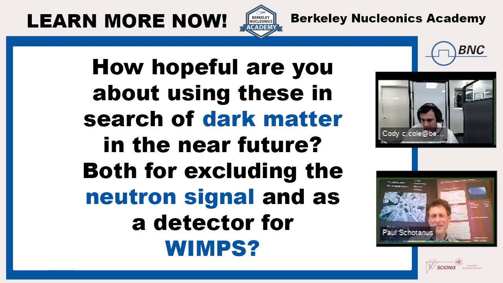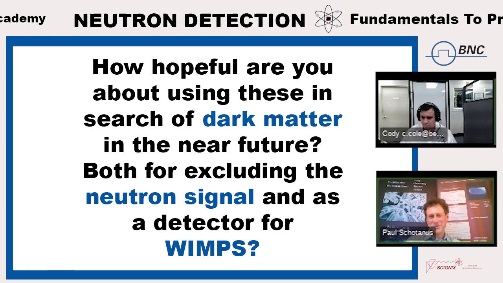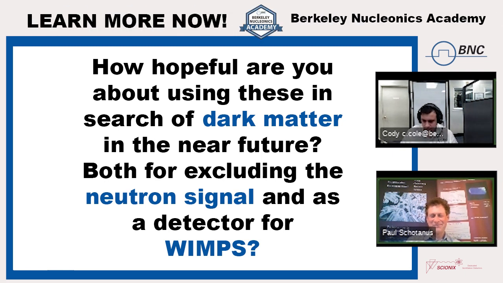Some scintillators are, but I don't think that touches the subjects I discussed today. He mentioned it would be for the exclusion of neutron signals and as a detector for WIMPs. WIMPs, yeah. I never thought about that. Should think about it, I don't know. Dark matter research is a very specific topic, and there are several materials used in this respect, also some scintillators. I don't know.